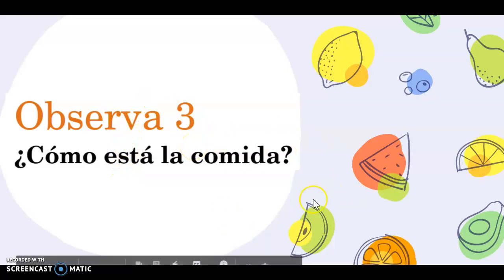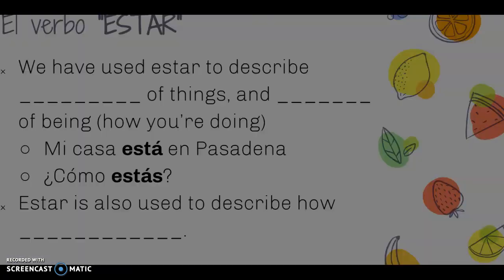We're asking, what is the food like? Describe it, right? Last chapter you learned how to describe people using different adjectives, and you used a different verb, ser. Here you'd be using the verb estar, which we're going to revisit a little bit.